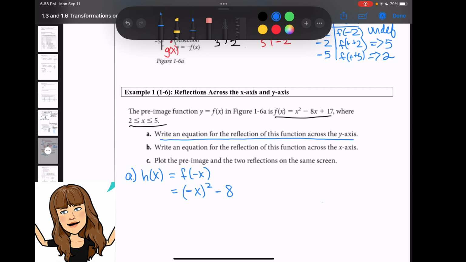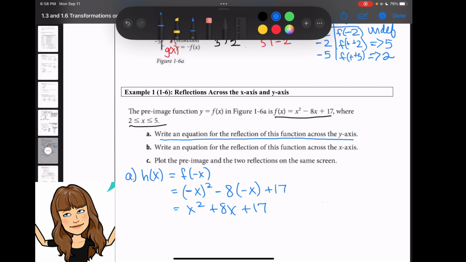Instead of -8x, -8 times -x. And then nothing changes with the 17. Now when I square a -x, I get x squared. The -8 and -x, I get positive 8x plus 17. All right, so for that one, all of our inputs were the opposite. I plugged in those opposite inputs and I got my new function h of x.